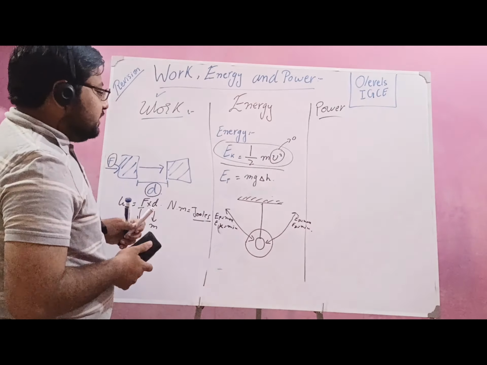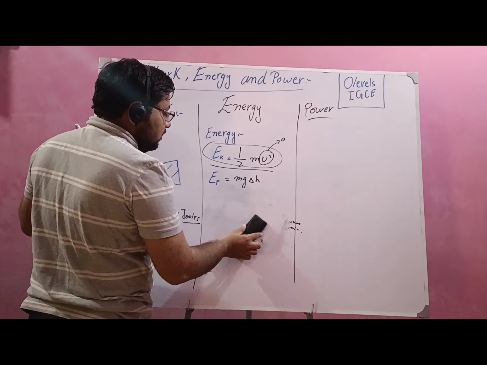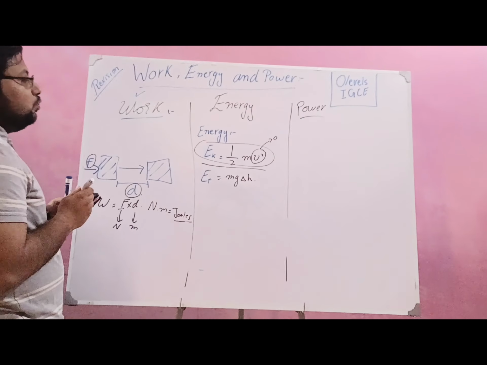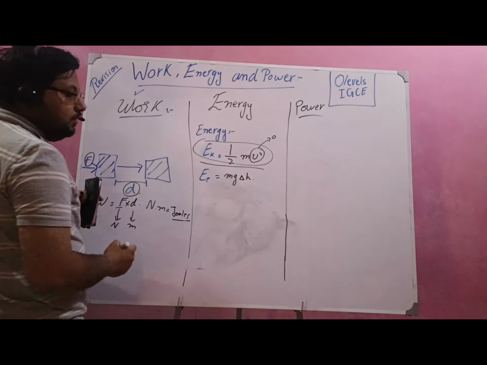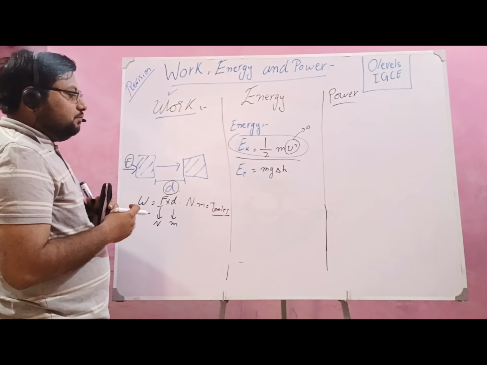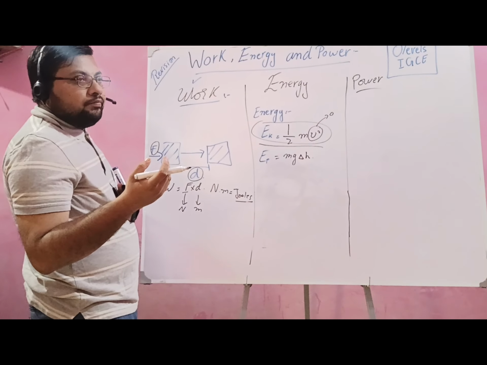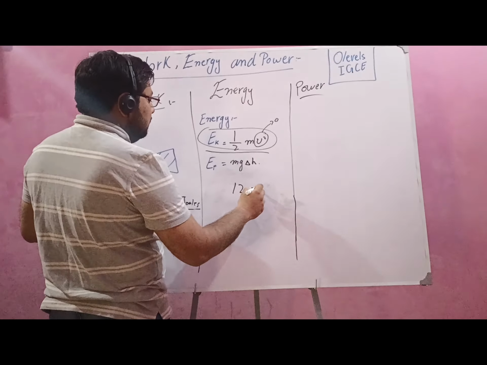Now, what is the relation of energy and work? Energy is the ability to do work, but not all the energy is converted into work. For example, we have supplied a system energy of 12 joules.